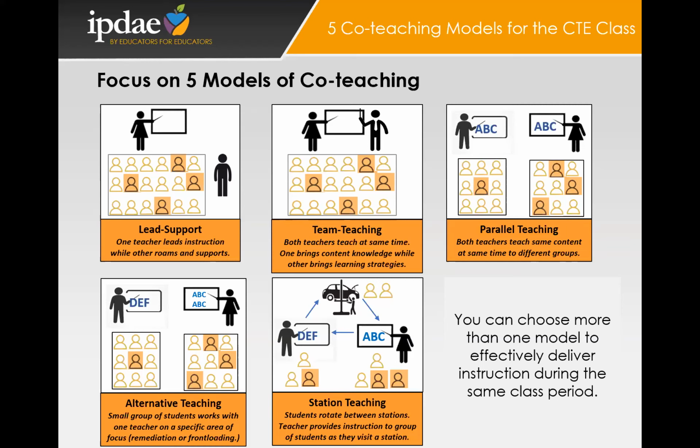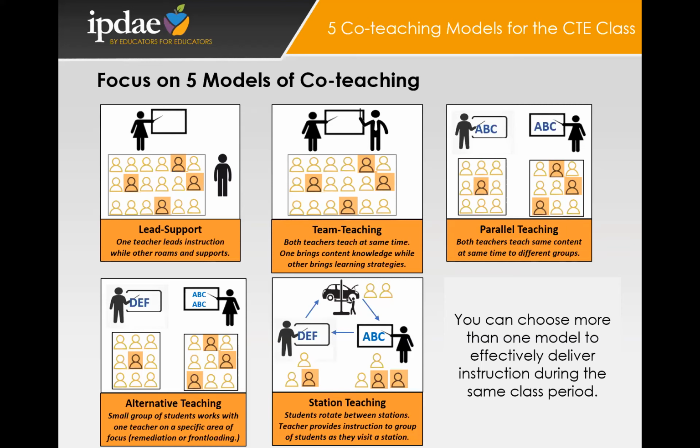In the alternative teaching model, a small group of students is created for remediation or reteaching of a skill or concept, pre-teaching of a necessary skill identified by the teacher, assessments, and more. And finally, we have station teaching. This typically involves 3 to 5 stations, and students rotate between stations every 20 to 25 minutes or so. Each teacher works at a particular station with each group of students as they visit that station.